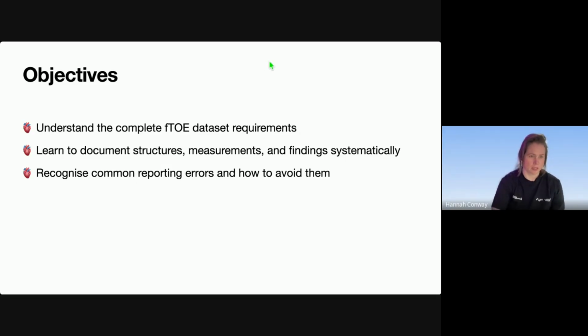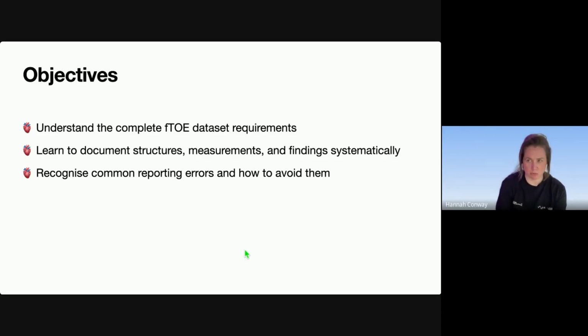In terms of our general objectives, I want to go through the data set with you. I really want to get across to you how to confidently document the structures, whether they're normal or abnormal. It is as important to recognise normal structures as it is to recognise pathology. And I also want you to be able to report systematically.